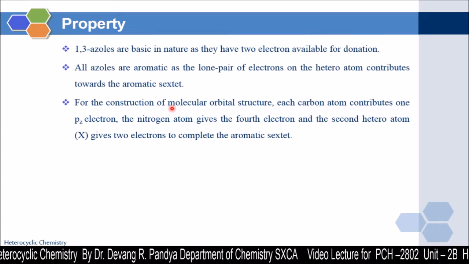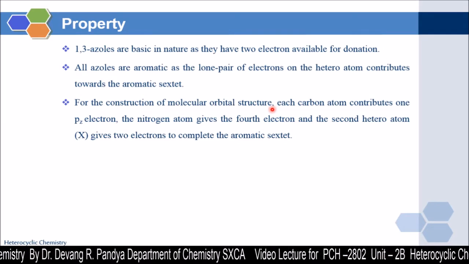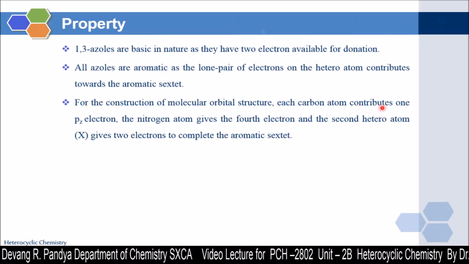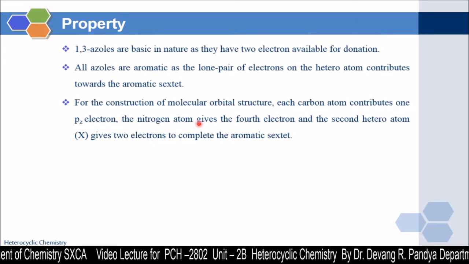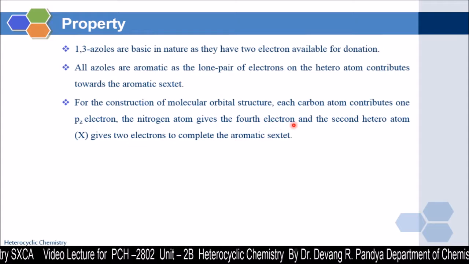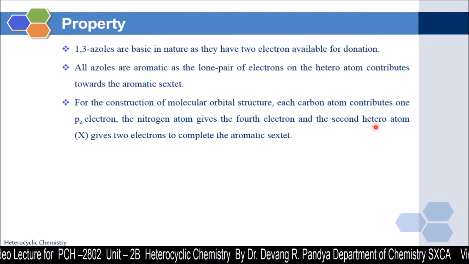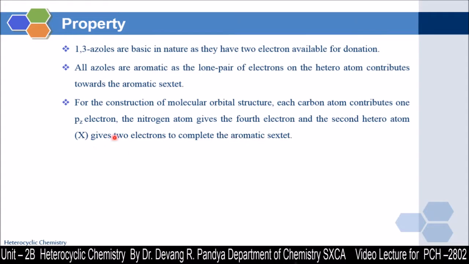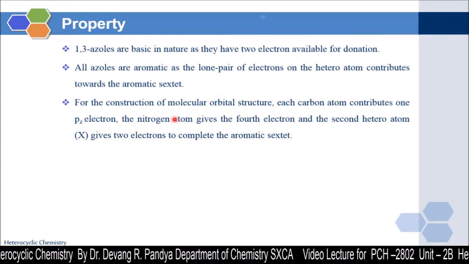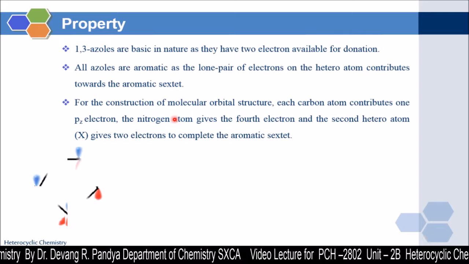For the construction of the molecular orbital structure, each carbon atom contributes one pz electron. The nitrogen atom gives the fourth electron, and the second heteroatom gives two electrons to complete the aromatic sextet, and that is how it becomes an aromatic compound.